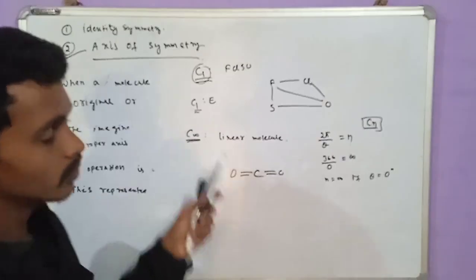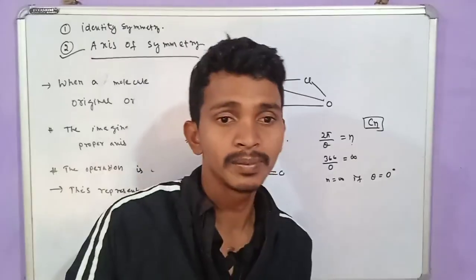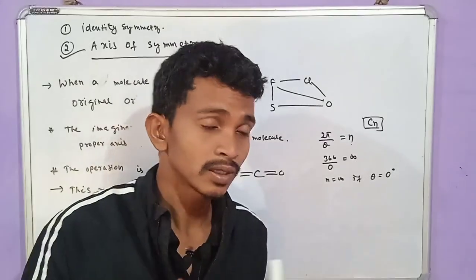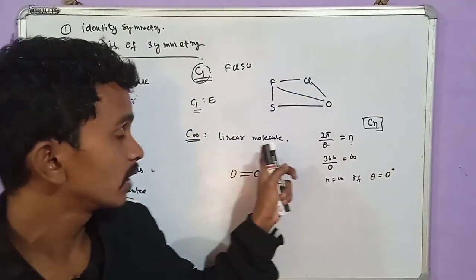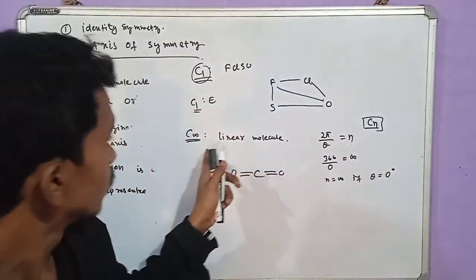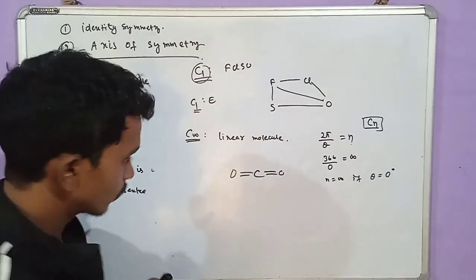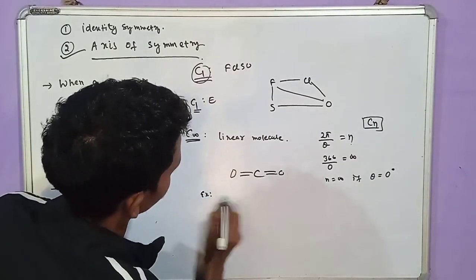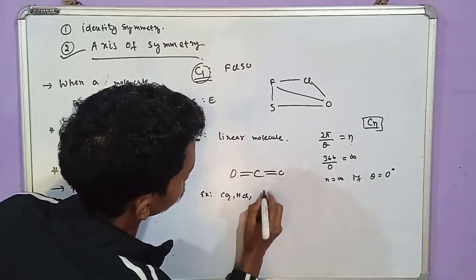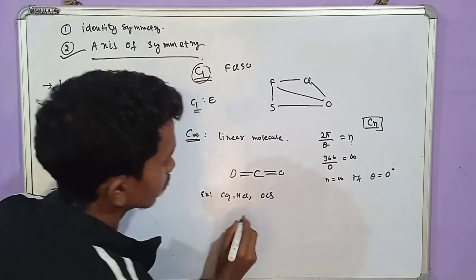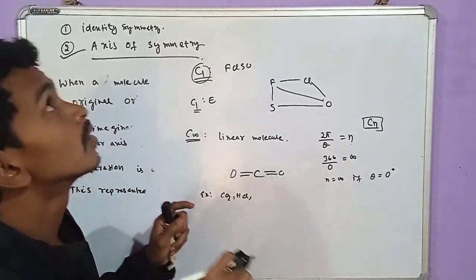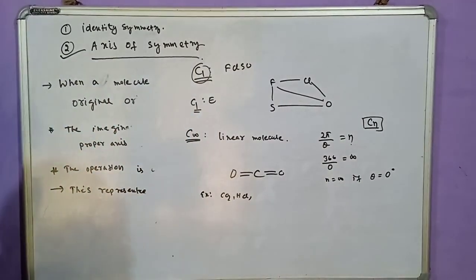Okay, for linear molecules, whether I is present, I meaning center of inversion, is not a matter here. Only that it has to be a linear molecule, meaning the molecule lies in one line. In that case we will get C infinity. Examples are CO2, HCl, OCS, but they have to lie in one line only.